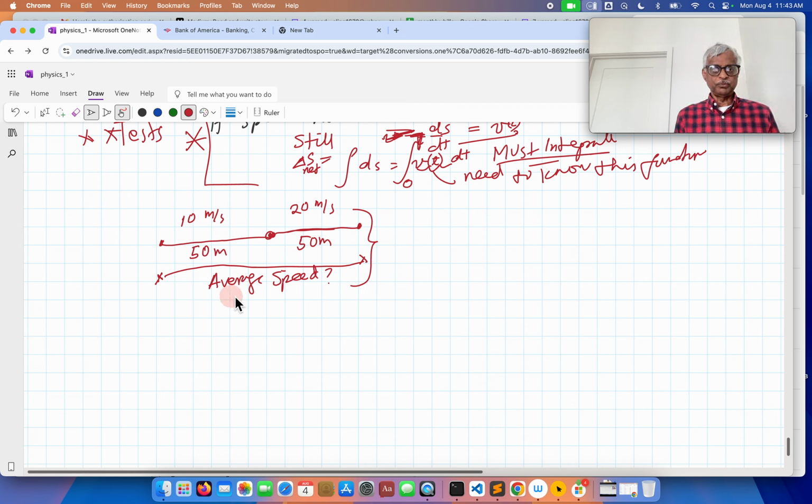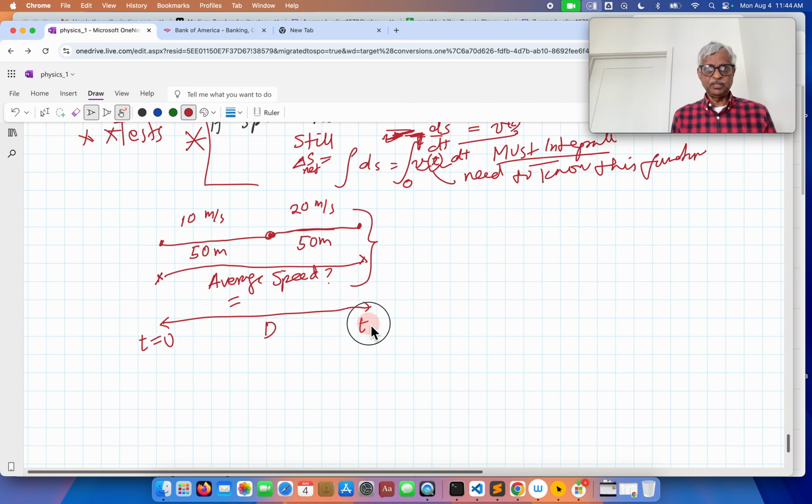Well, what is the distance you took, and if t was 0 here and t was T here, then average speed will be the distance you took over total time. So you need to figure out distance. You already know it's 100 meters.